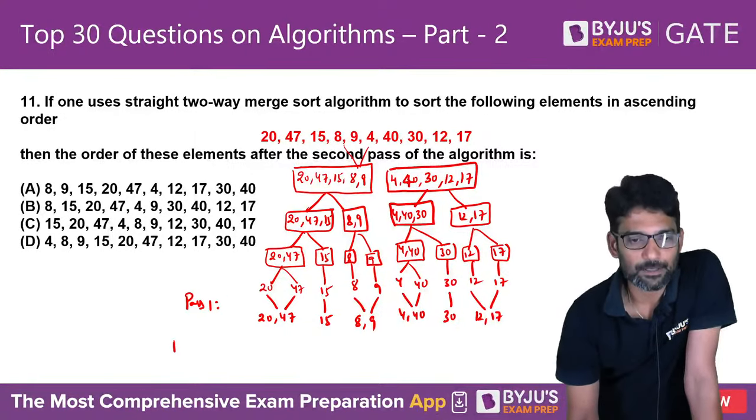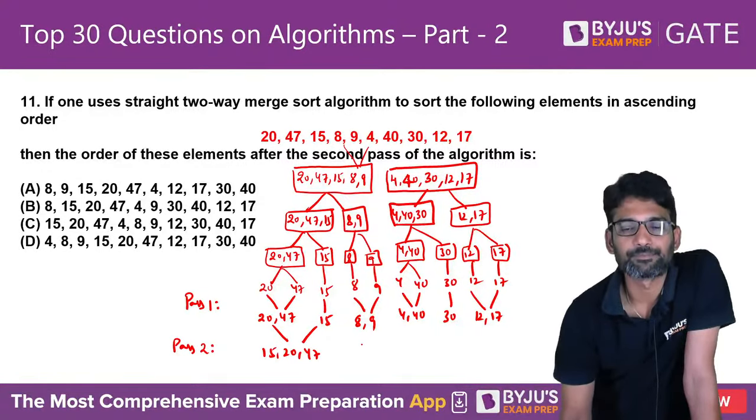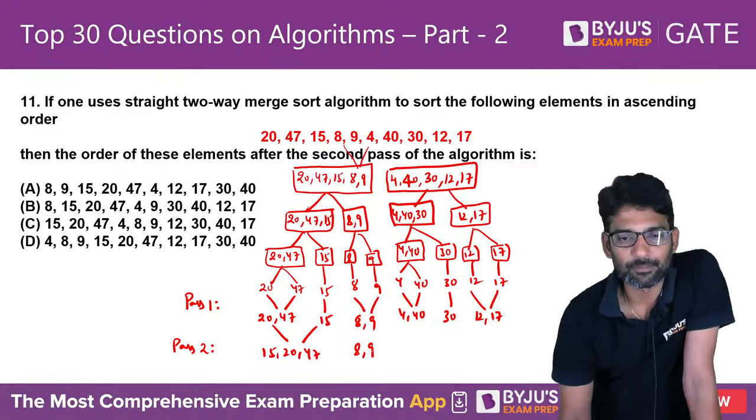Now in pass 2, these two are merged, 15, 20, 47. 8, 9 will not be merged here. Here 4, 30, 40 and 12, 17 remains same.